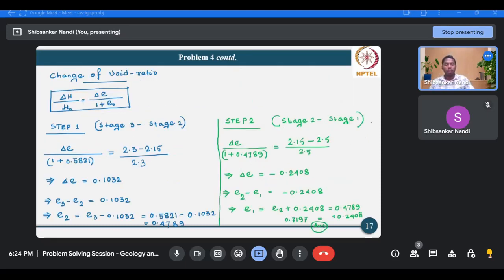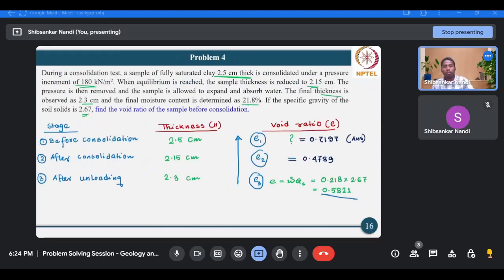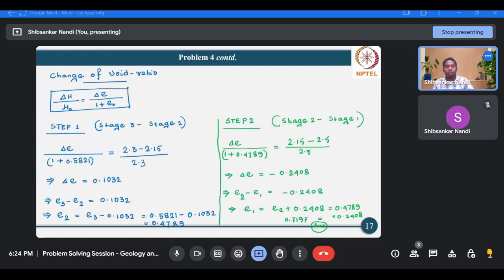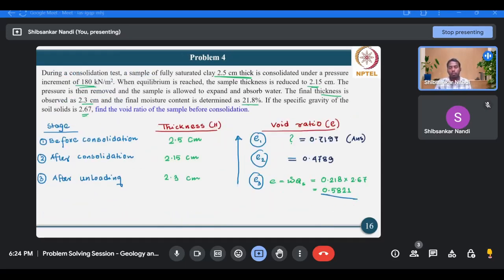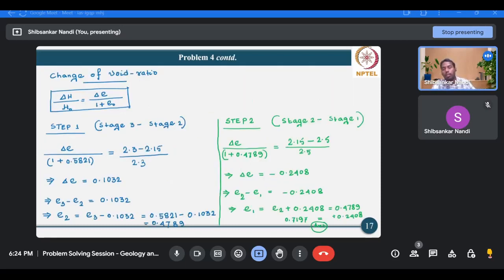So this is the way to calculate the void ratio corresponding to each stage of the consolidation test. This is one method, change of void ratio. There is another method, change of height, I think. You can also go for this approach, but ultimately you will have the same result. So this is for problem 4.